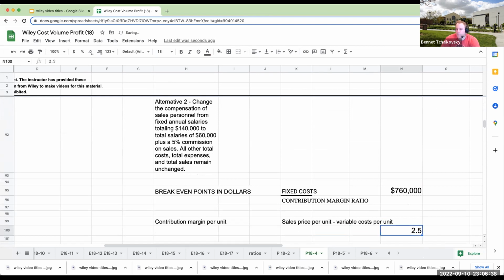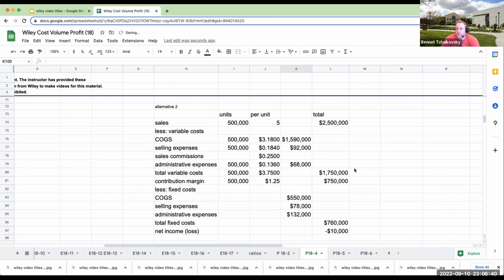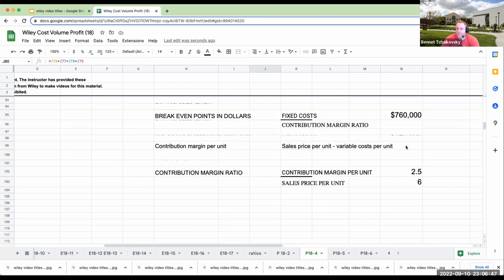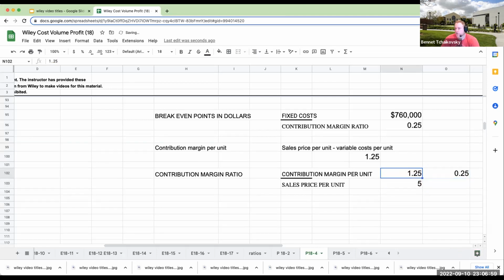My contribution margin per unit is now going to be $5 minus 375, or $1.25. My contribution margin ratio is going to be $1.25 divided by 5, or 0.25. So my break-even point in terms of sales dollars is $3,040,000.